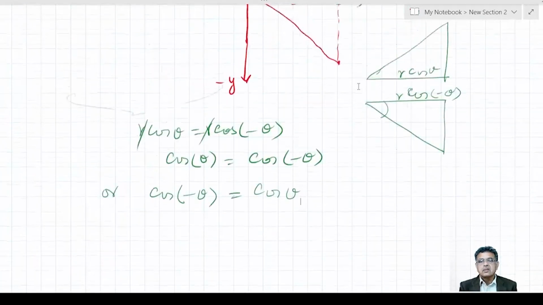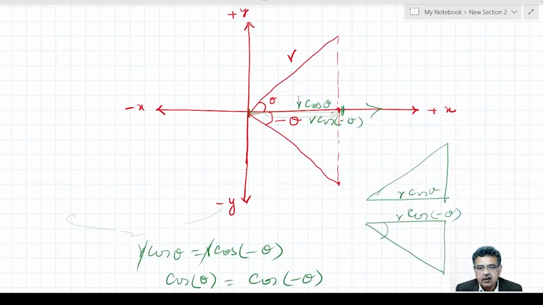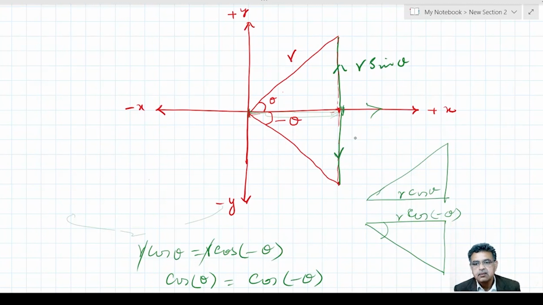Okay. Now if we consider sine theta, you can see that this is sine theta upwards. This is r sine theta. This one downwards, this is r sine minus theta.